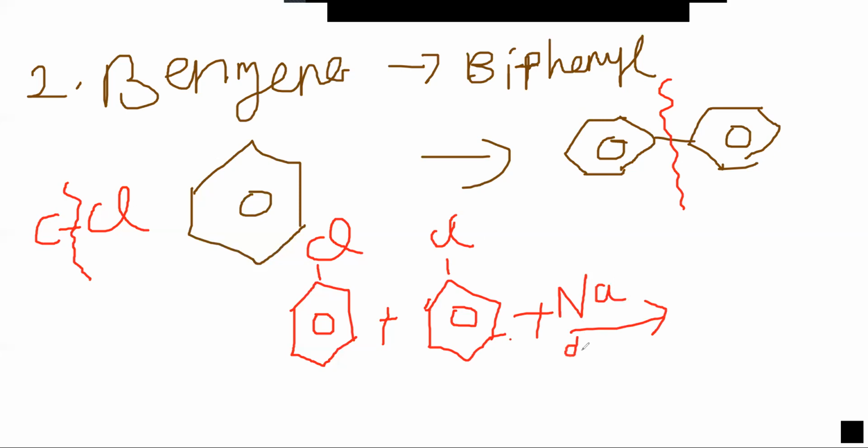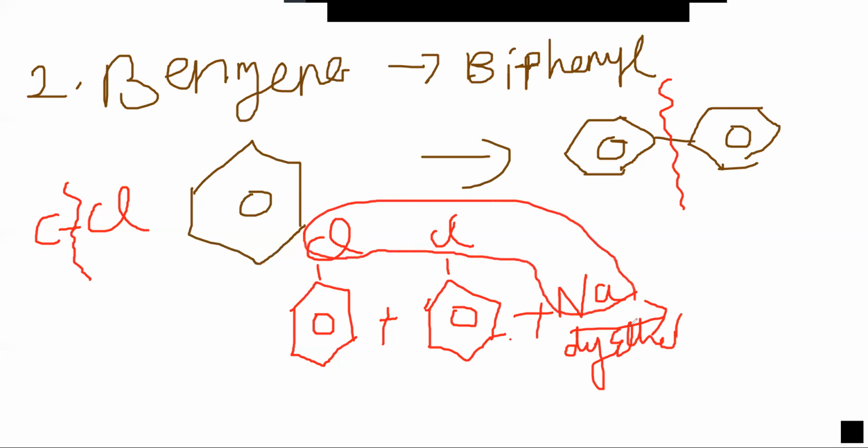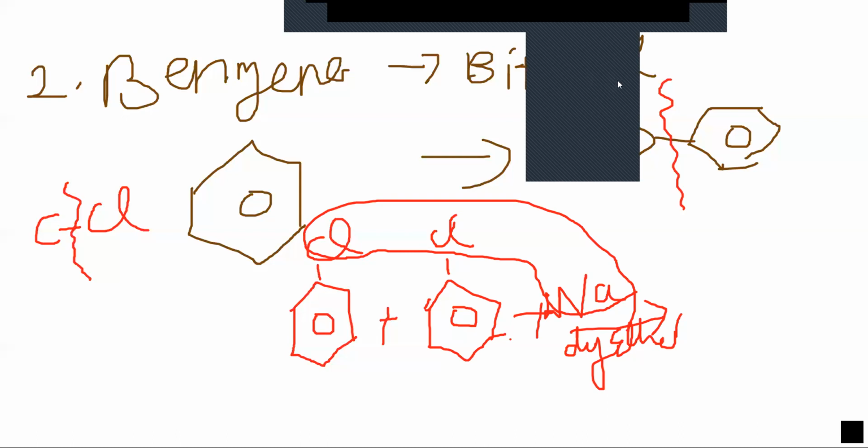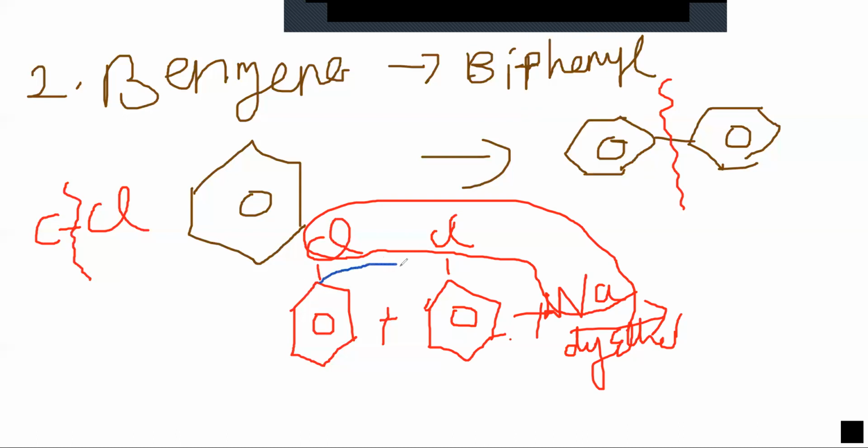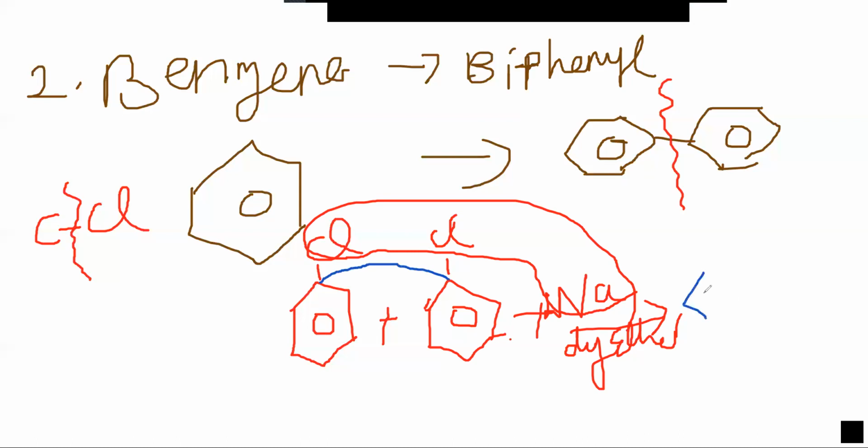Sodium is the reagent, in the presence of dry ether. So NaCl will be removed. You have two molecules of NaCl, so you have to take 2 Na. When you take 2 sodium, NaCl will be removed. So at this point, 2 benzene rings are connected to each other. So at this position, 2 benzene rings are connected. That is why you are getting the product biphenyl.